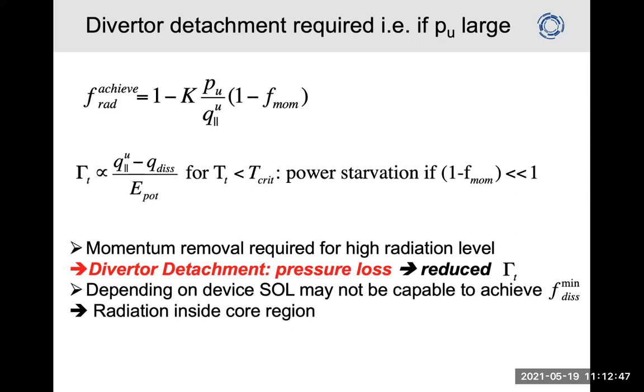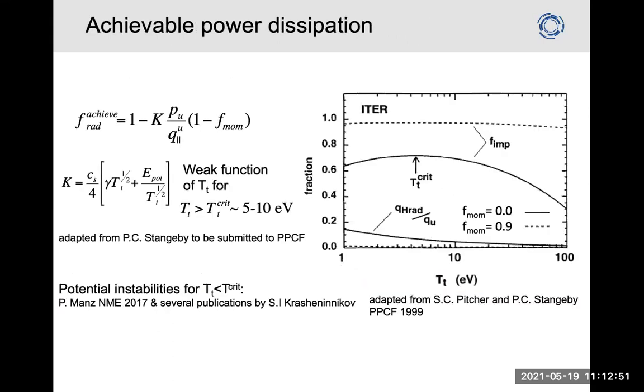But for ITER and DEMO, this is not possible. You need the reduction of pressure because of this curve here. Otherwise you can't reach the high dissipation levels. You need pressure loss. Even if you radiate like hell, without pressure loss, first of all, you can't radiate like hell, and secondly, you will never reach the minimum required dissipation that we had in the simple formula before.